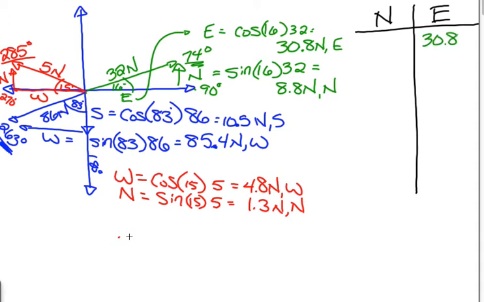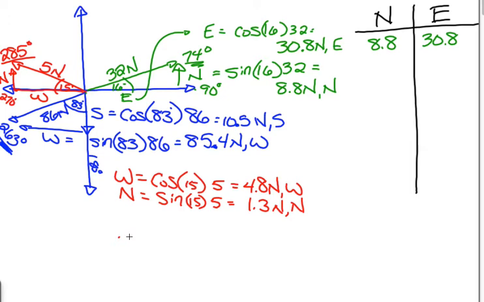Where am I going to put the 8.8? In the north column. Then I'm going to look at my blue numbers, and I'm going to say, wait a minute, I don't have a spot to put south or west. So do I need a new chart? No. I can use this chart, because I know south is opposite of north.